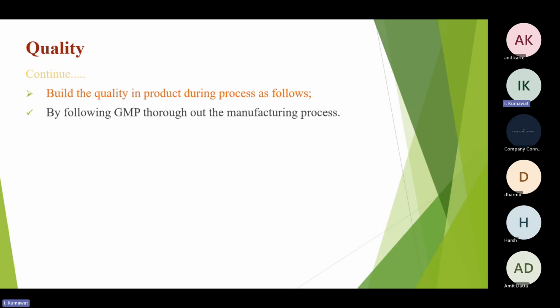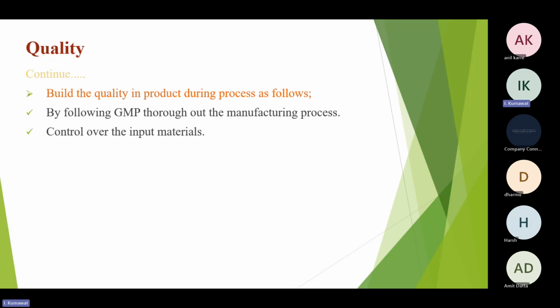As I told you, build the quality into the product during the process as follows: by following GMP throughout the manufacturing process. Control over the input materials. Input materials means raw materials, that is the API, excipients and some solvents, and if the tablet has different colors, then excipients like colors.